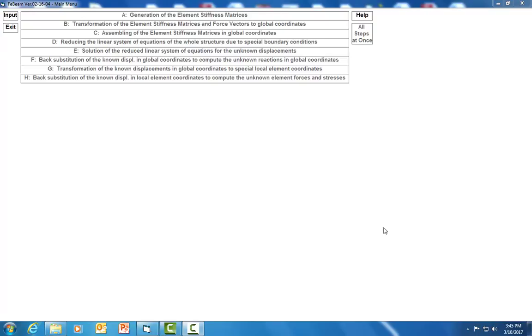The method of finite elements is well known as the general procedure in structural analysis, dynamic analysis, and also heat transfer and many other topics in engineering called simulation.